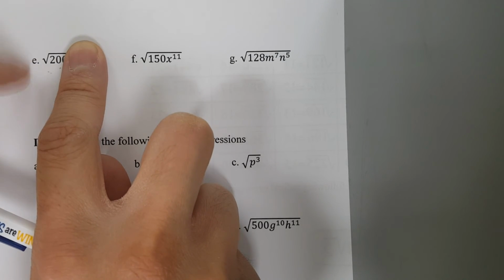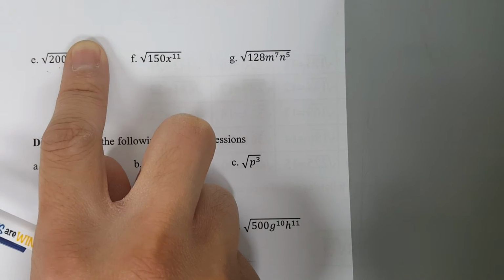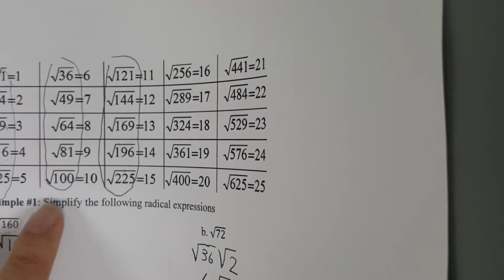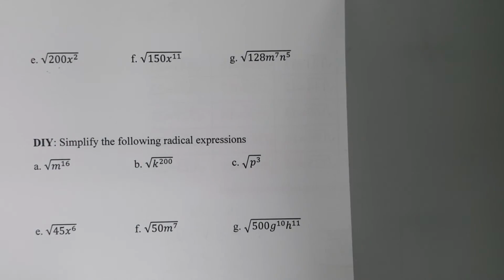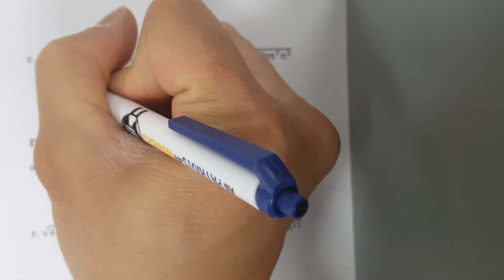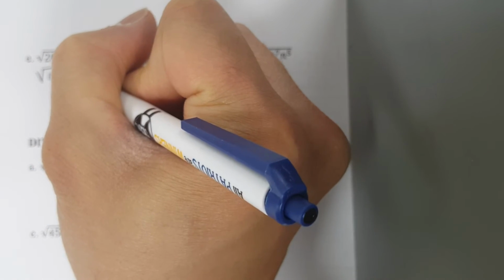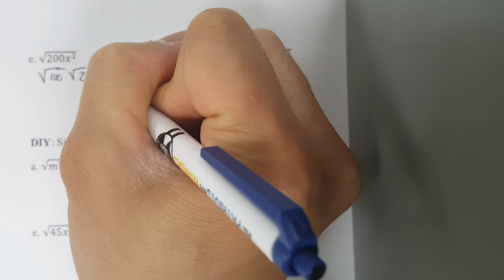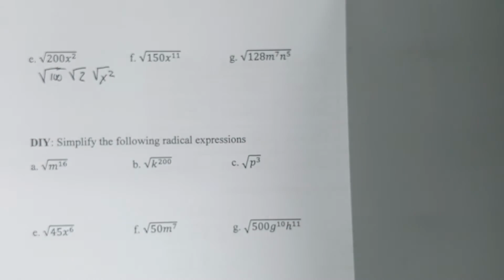What is the largest perfect square that goes into 200? And if you see, the largest number is 100. 100 times 2 is 200. So I'm going to break this up into radical 100, radical 2, and then radical x squared.